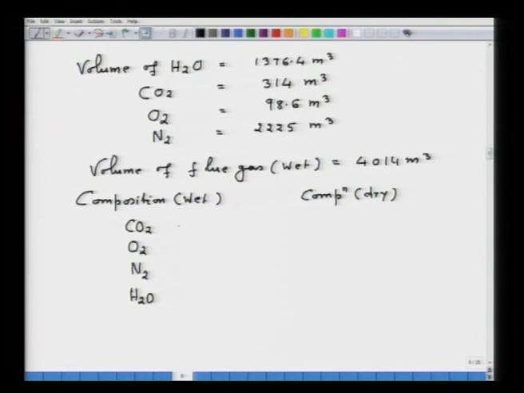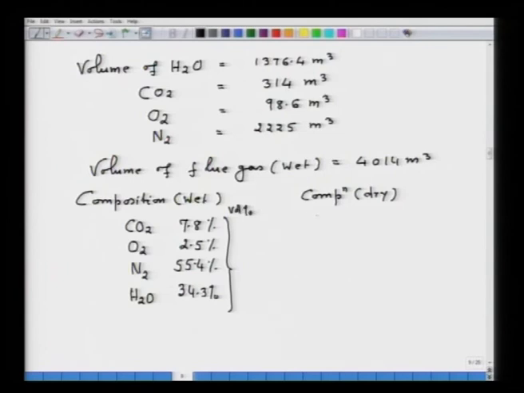If you do this calculation, as I already gave in the answer, 7.8%, 2.5%, 55.4% and 34.3%. Now, these are all volume percent.